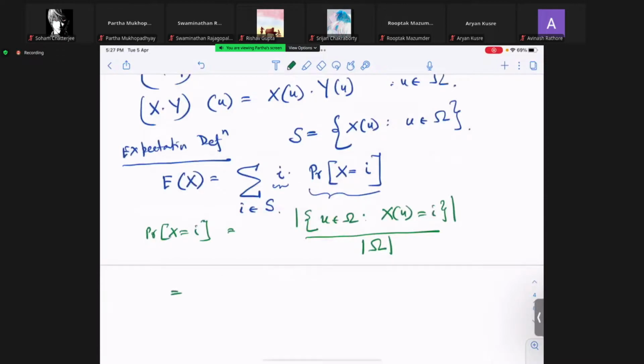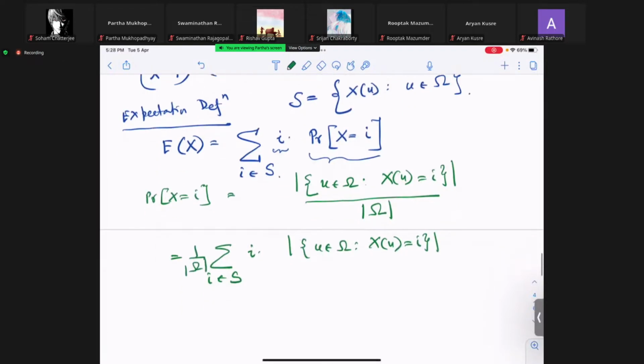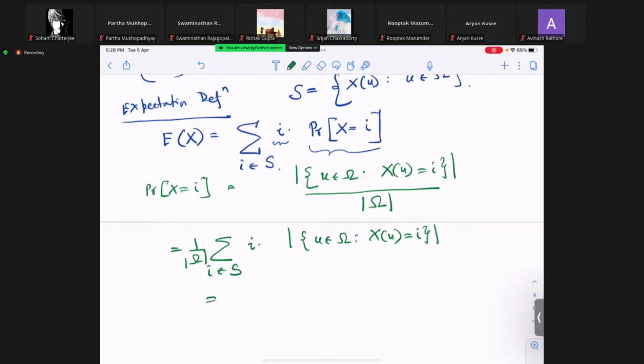If you substitute that, then it will be i times that, but what is this quantity? This quantity is clearly the summation of X(u) where u belongs to the sample space. This is just another way of writing it, which is quite useful.